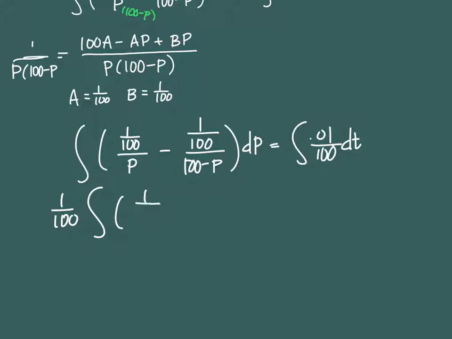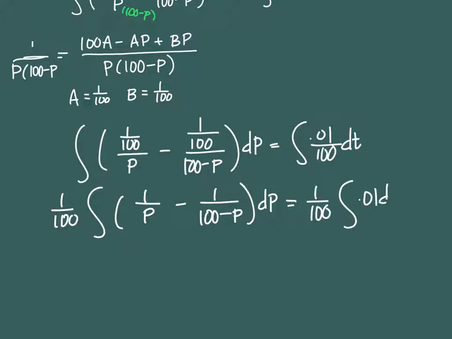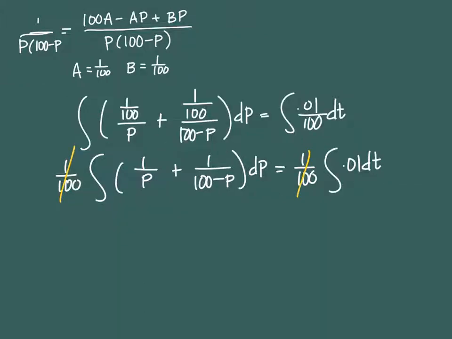That'll just leave me with 1 over P and 1 over 100 minus P dP. And I'm also going to pull the 1 over 100 out from this side, which leaves me with 0.01 dt. If I can pull 1 over 100 out of both of them, that's going to be simpler for me. Okay, so now we're ready to do our antiderivatives.